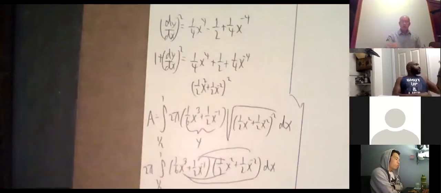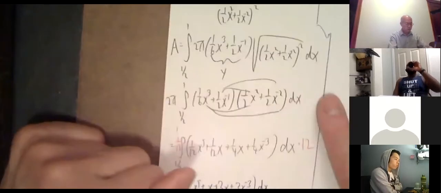I reached the bottom of my paper, so I'm going to go back up and rewrite it, except make that into a 4x. So 1/12 integral from 1/2 to 1, x to the 5th plus 4x plus 3x to the -3rd dx.